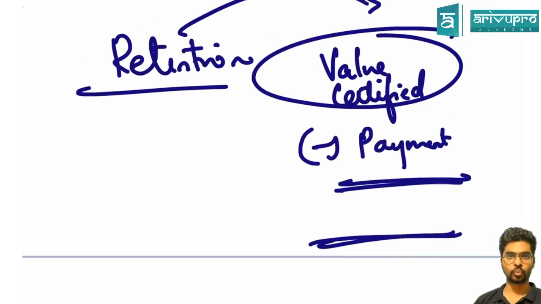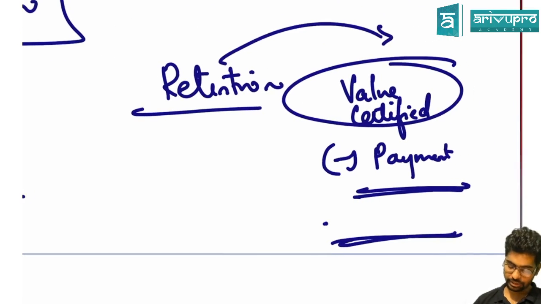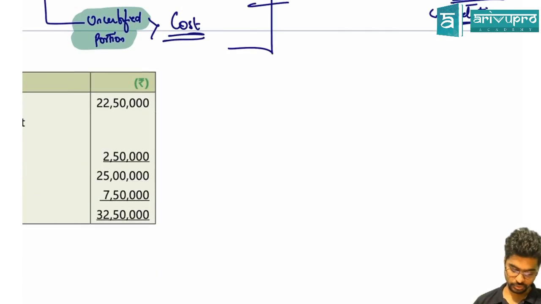Value of work certified minus the payment will end up giving me the retention money. That is the portion of the money which is held by the contractor before releasing the payment.